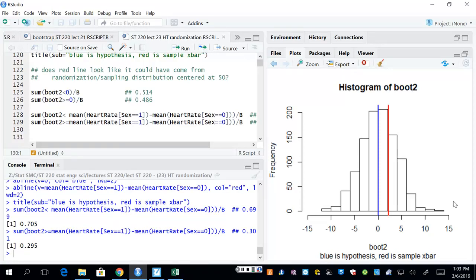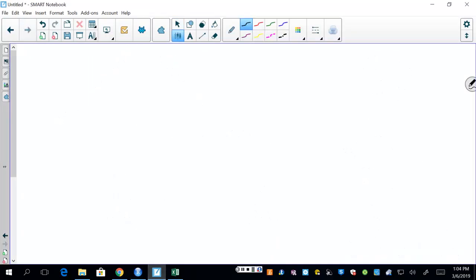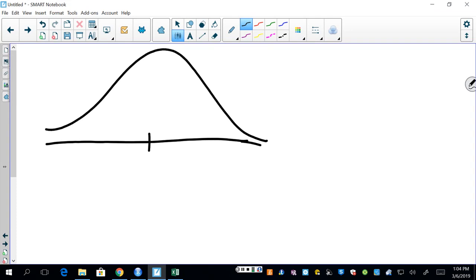So in this case, we have this sampling distribution. Some people call this a null distribution. Some books call it a randomization distribution.